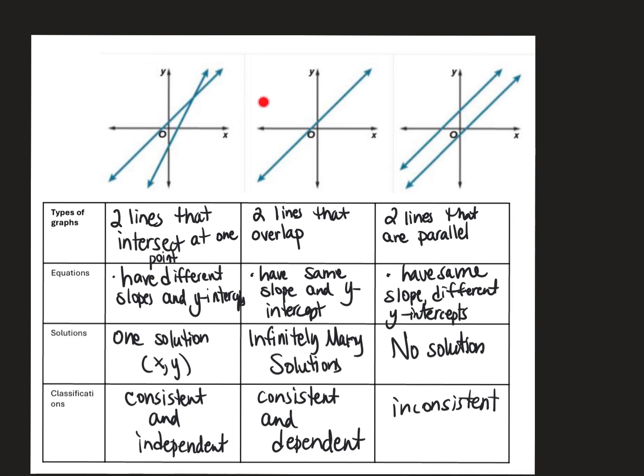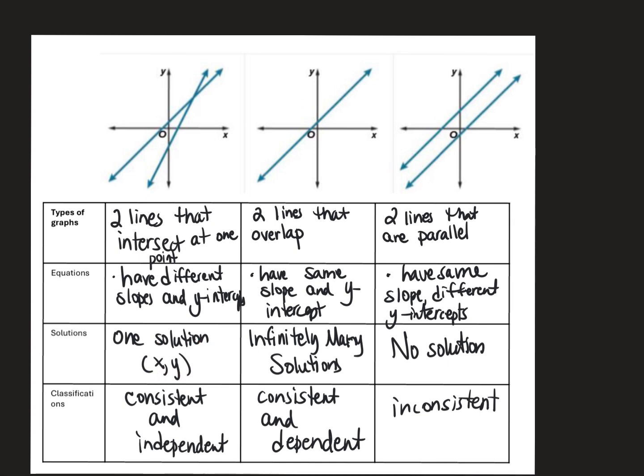For this first system of equations, the type of graph is two lines that intersect at one point. The equations have different slopes and y-intercepts. The solution to this system is one solution at the point of intersection (x, y).